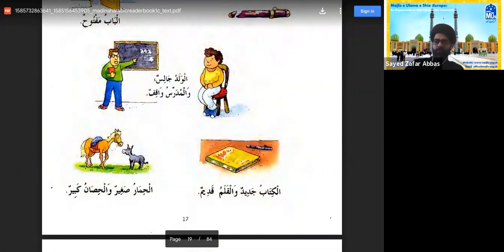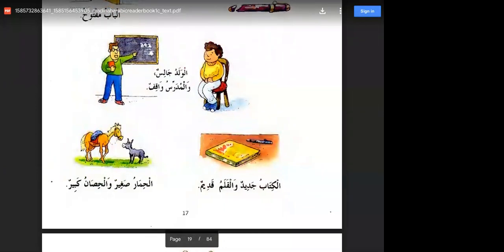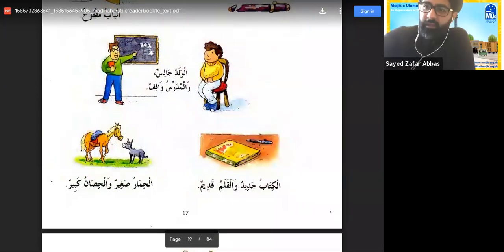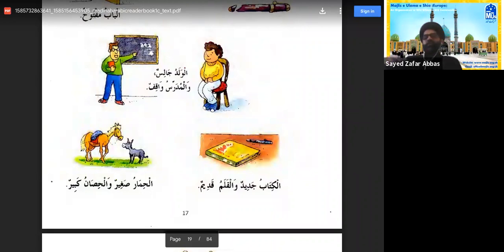And then now we got the sentence underneath. Al-Kitabu Jadid wal-Qalamu Qadim. So if Iman can help us out and tell us what this sentence means.